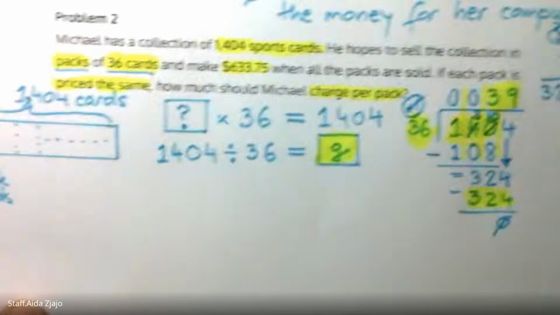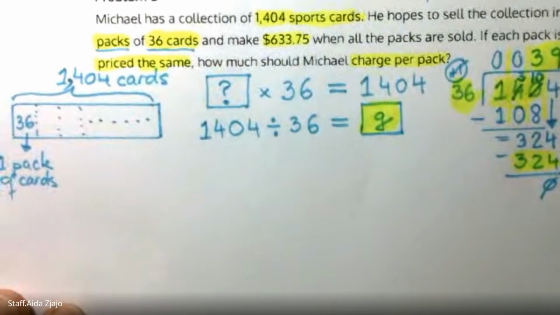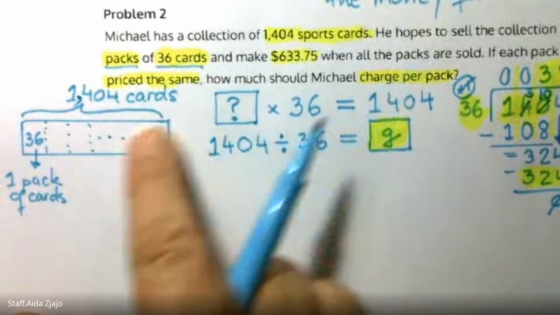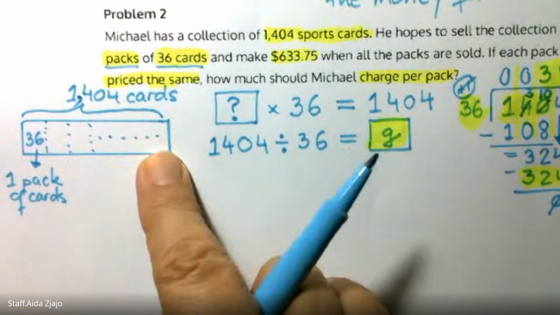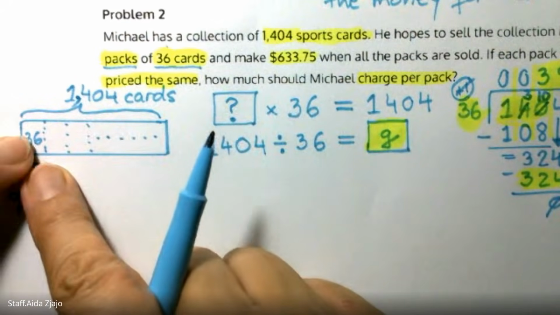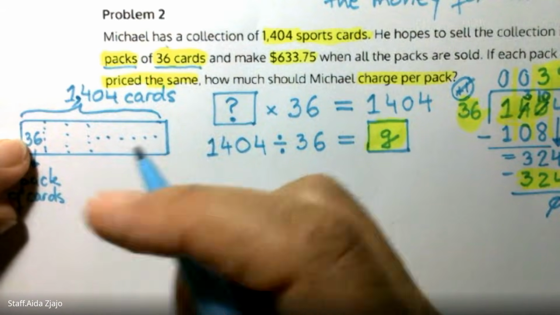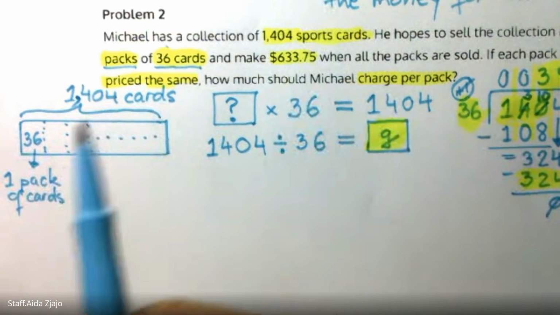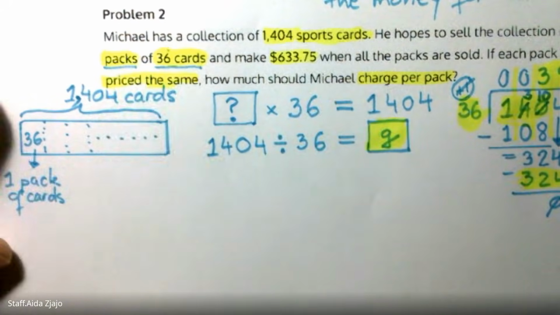So now we got 39. So I know that he will make 39 groups of 36 cards, so in a pack there are 36 cards.